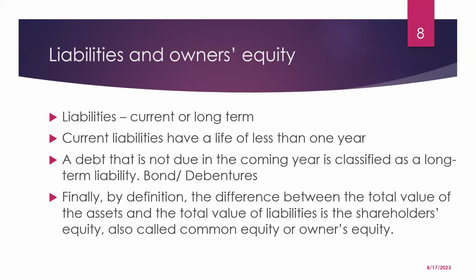Then the liabilities, as I told you previously, can be categorized into two types: the current liabilities and the long-term liabilities. The second point, current liabilities have a life of less than 1 year, and a debt that is not due in the coming year is classified as a long-term liability.